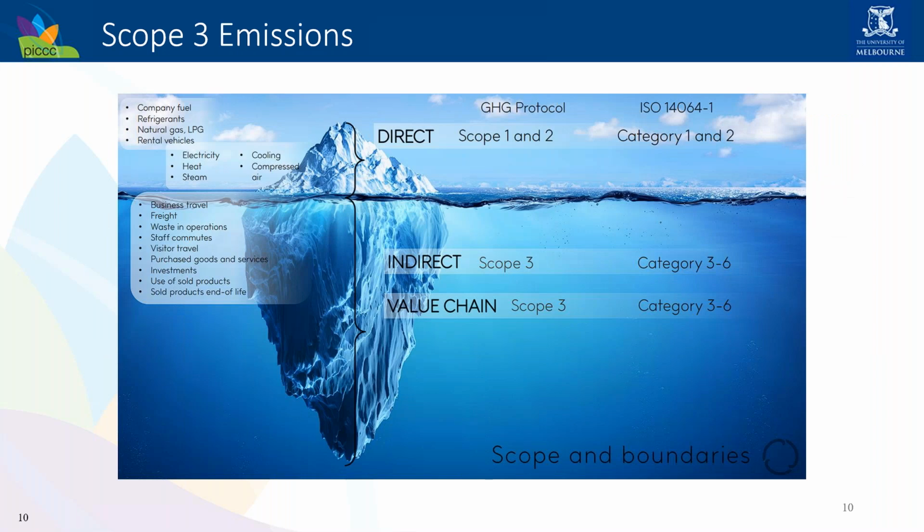So this is just a diagram that I wanted to bring in to explain how, in most cases, the big companies that we're talking about, the Nestles of the world, will have huge scope 3 value chain emissions, whereas their direct scope 1 and 2 emissions will be much lower.